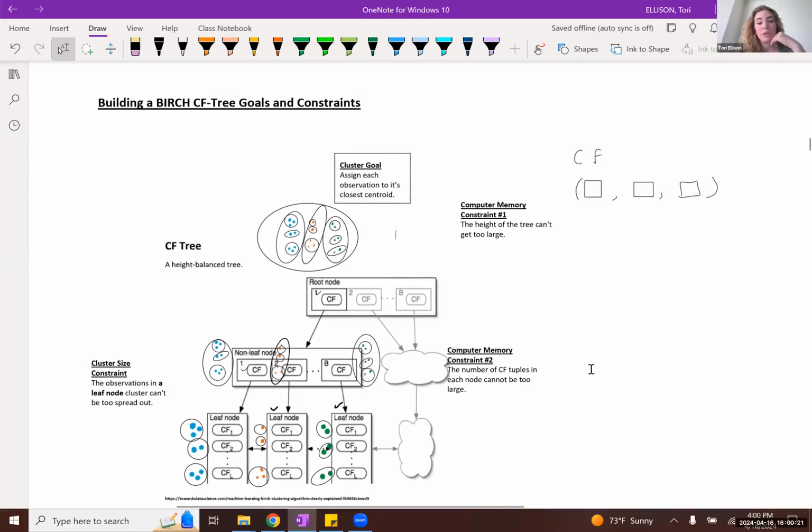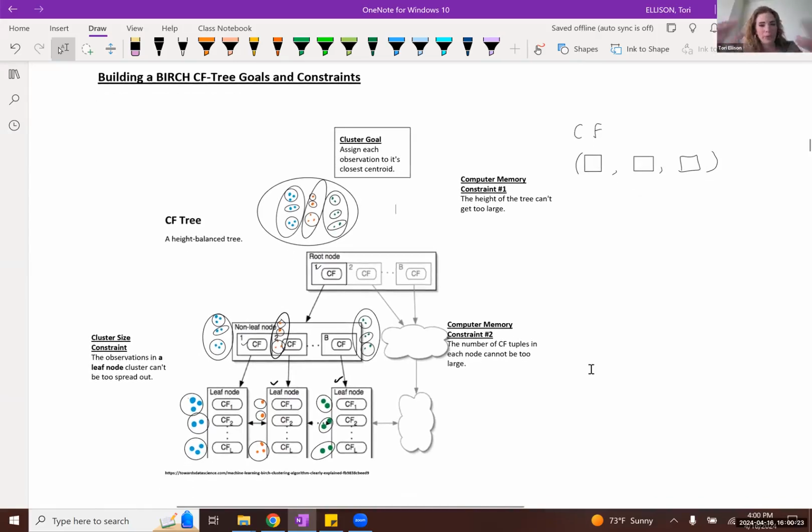What we're going to talk about is that when running the Birch clustering algorithm, we are building a tree. We call this a CF tree, a clustering feature tree, which stores just a few pieces of information about a cluster or subcluster that has been incorporated into the given clustering structure.